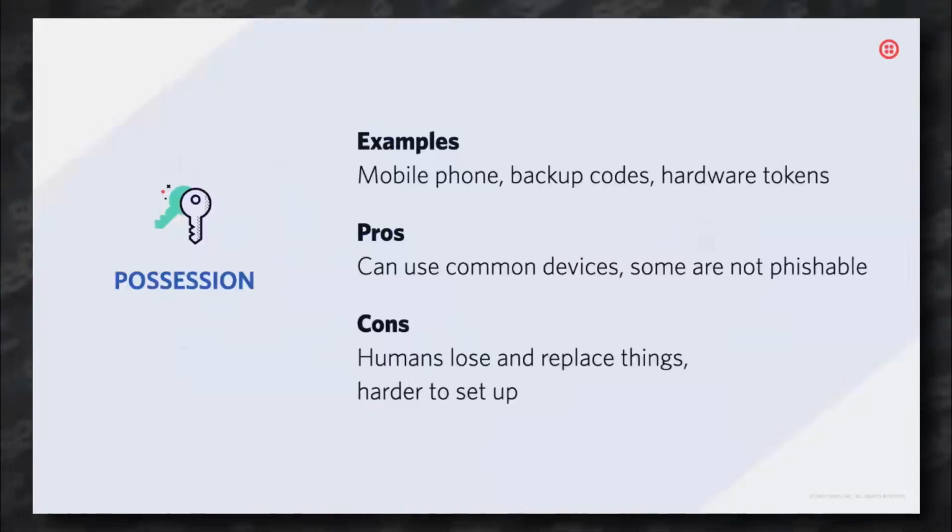And that means it's hard to guarantee that these will be available for account recovery. And so possession also introduces additional friction when you try to set something up, especially compared to something that you know or something that you are. If it requires that you have access to a physical object, then it's going to be a little bit of additional friction during that setup phase. And that's something that you're probably also going to want to keep in mind.